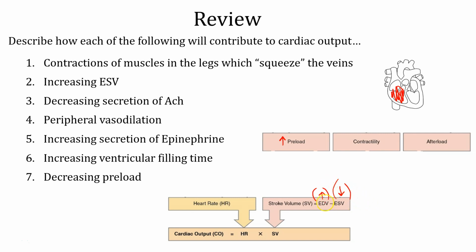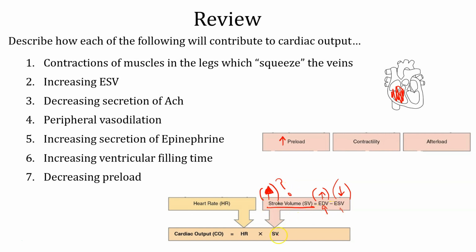So then consider, if I increase the end diastolic volume and I decrease the end systolic volume, what would be the net effect on stroke volume? The answer would be you're increasing this part, you're decreasing this part, so you're going to actually have a net effect of greatly increasing the stroke volume.